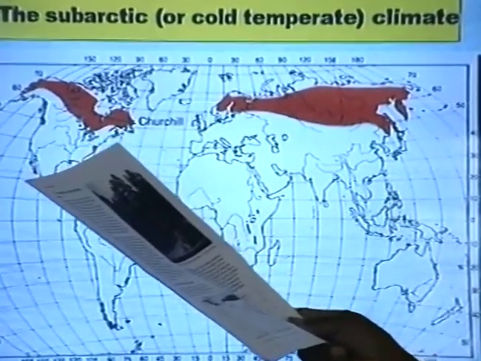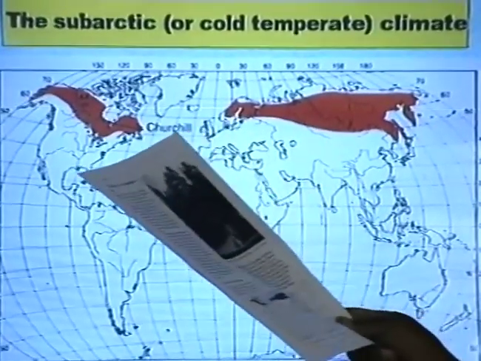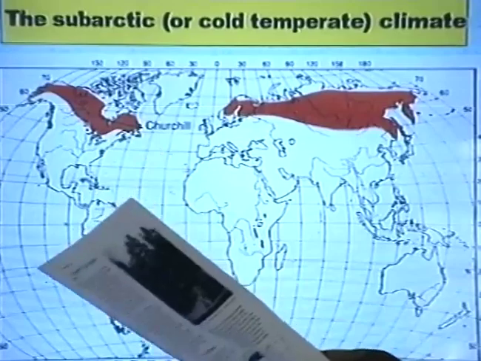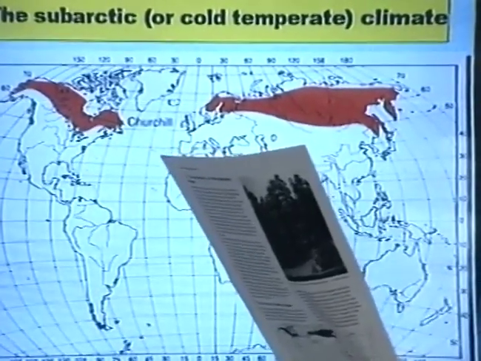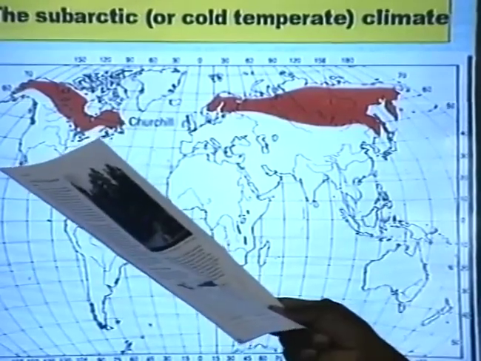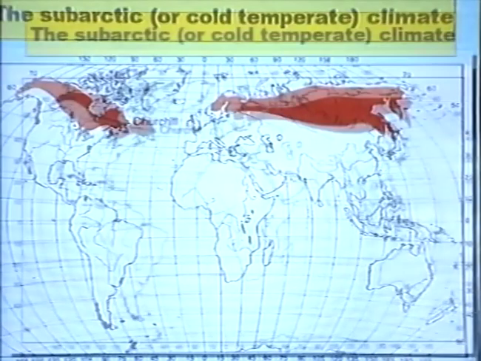You also note that this climatic type is mainly confined to the northern hemisphere and to those 2 or 3 continents, the North American continent and the Asia and Europe continent.